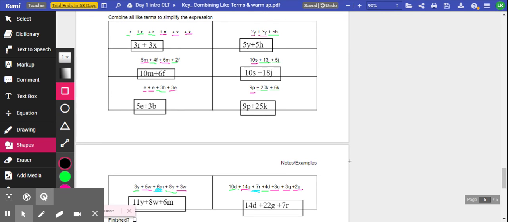All right, so go ahead and check your answers for these ones here. 3R plus 3X, 5Y plus 5H, 10M, oh, that's 11M, sorry.